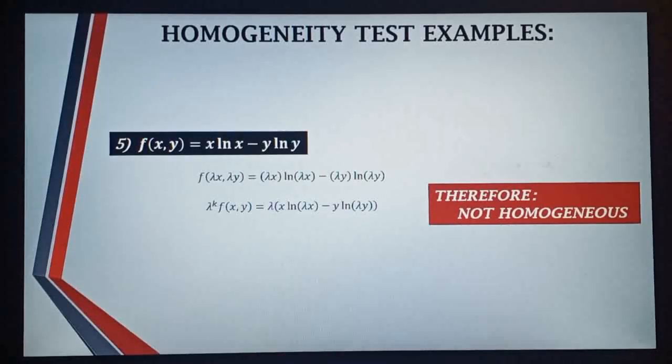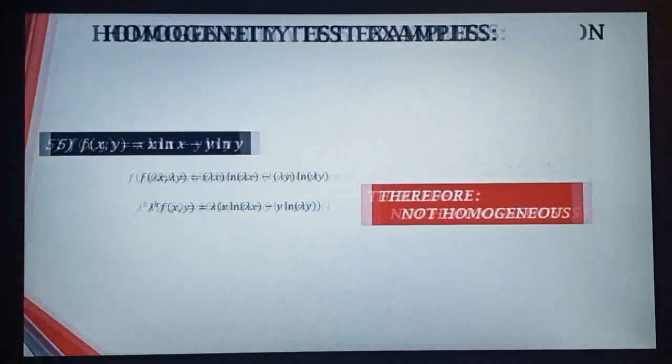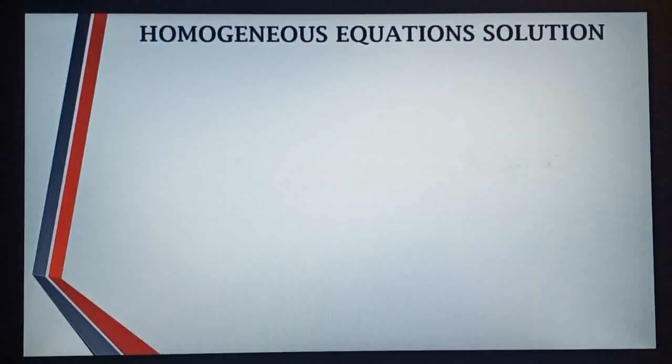Now, to do the solution of the homogeneous equation, we have this kind of solution. So, let's say you were given a general equation of M of x,y dx plus N of x,y dy equated to 0. M is a function of x and y multiplied to dx plus N, which is a function of x and y multiplied to dy, then equated to 0.